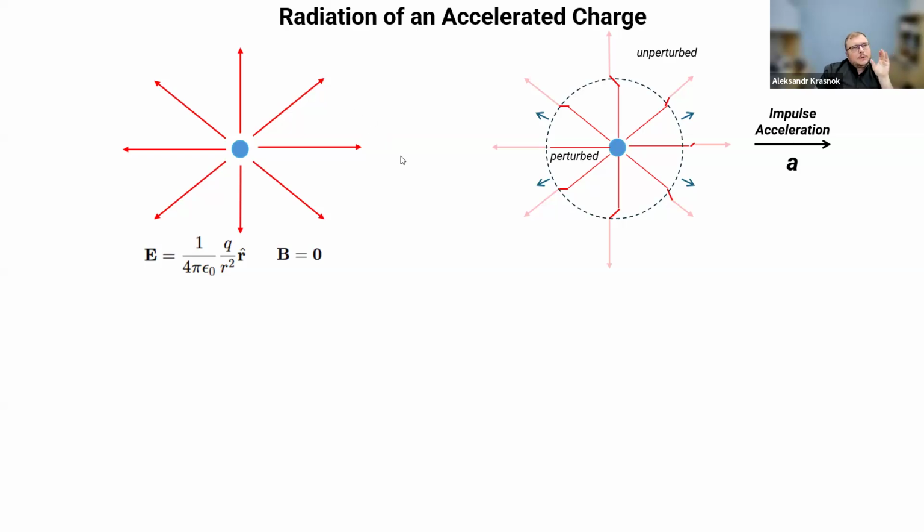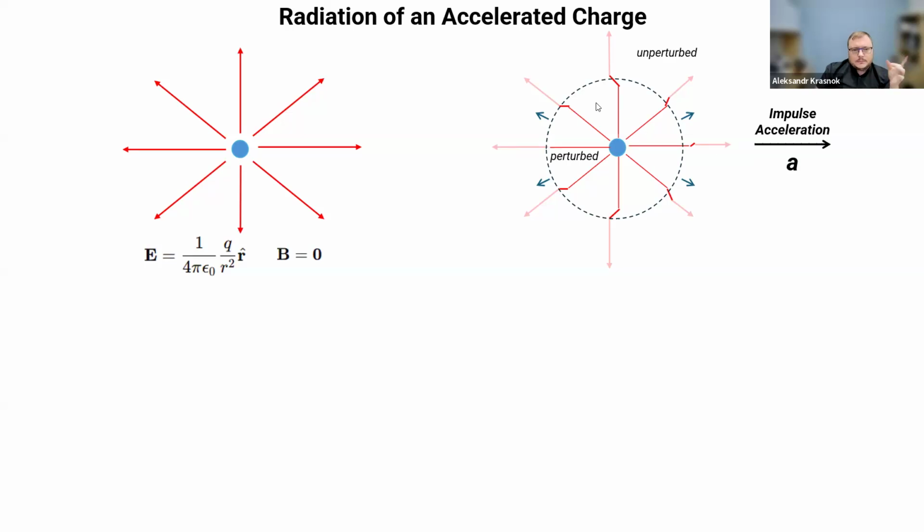Because the information that this charge got acceleration propagates with the finite velocity, the areas distant from this charge, this unperturbed area, keeps the same field of the resting charge. Okay, so this area doesn't know that the charge was moved.